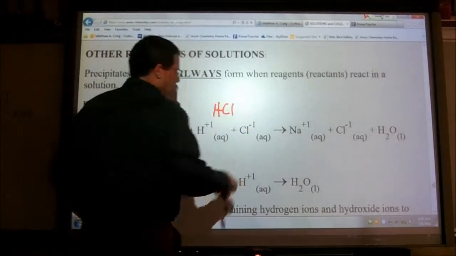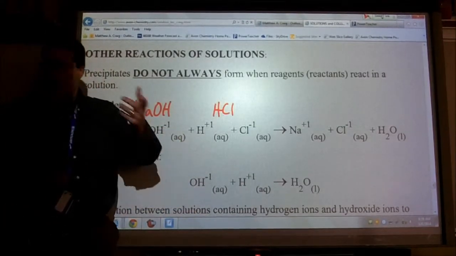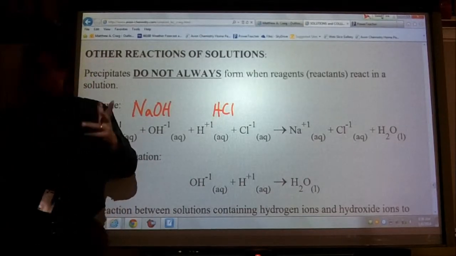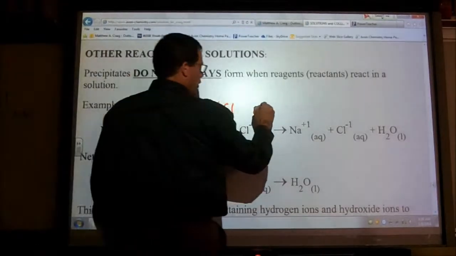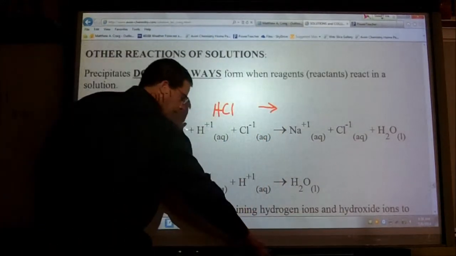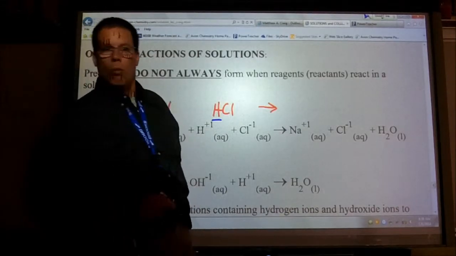Then I also have hydrochloric acid. If I take a high concentration, high molarity of that, pour it on my other arm, that's going to do some really bad things to my arm as well. But if I mix these two together and say, okay, I have the hydrogen, get with the hydroxide, what does that form? Water, very good.